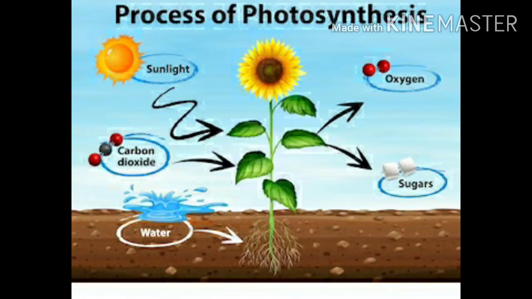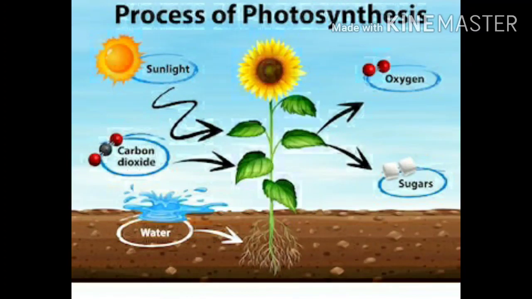Photosynthesis means what? Production of food. It is the main function of leaves, and this is done by the process of photosynthesis.